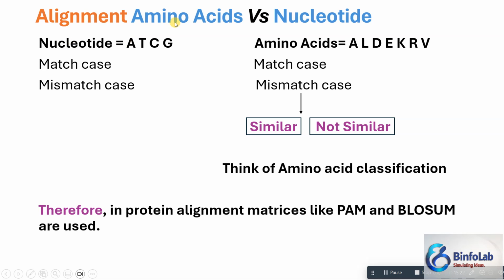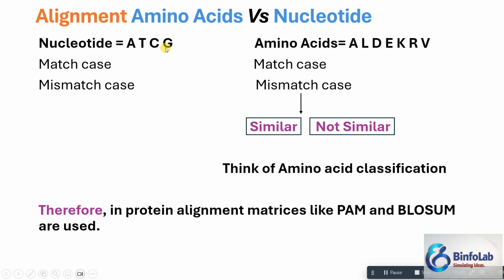Okay, alignment: amino acid versus nucleotide sequences. In part one, we talked about amino acid sequences or protein sequences, both are the same thing, or nucleotide sequences. Let's say this is a nucleotide sequence, ATCG.